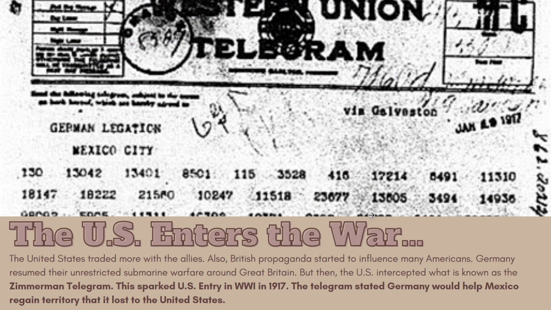In this telegram, Germany would form an alliance with Mexico, helping them regain the land that was taken by the United States from Mexico, places like Arizona, New Mexico, etc. With that interception, this was the final straw for Woodrow Wilson, and in 1917, the United States declared war on Germany and entered World War I.